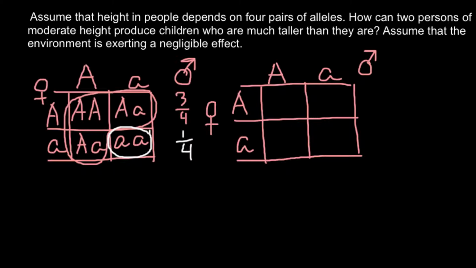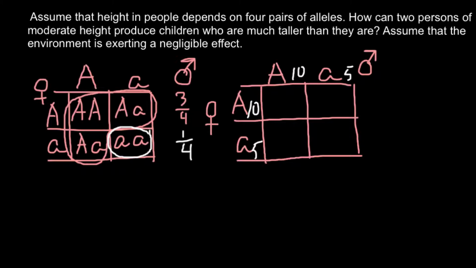For example, if we talk about plants and dominant allele A adds say 10 centimeters to the plant height, and recessive allele a adds 5 centimeters, we would have the result of the cross as follows.